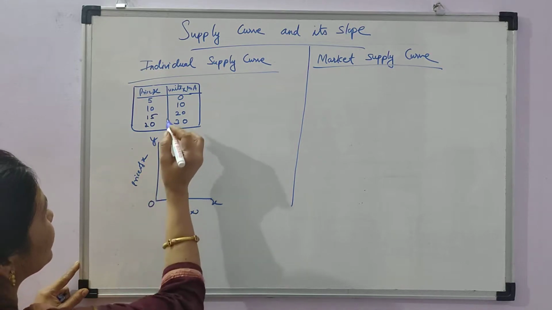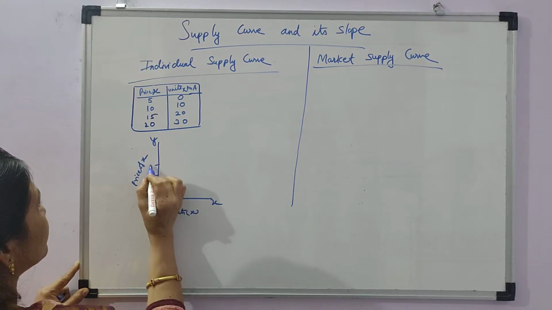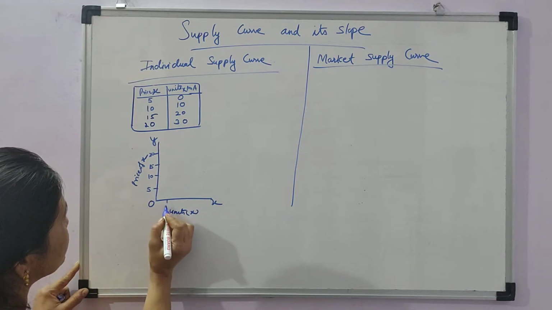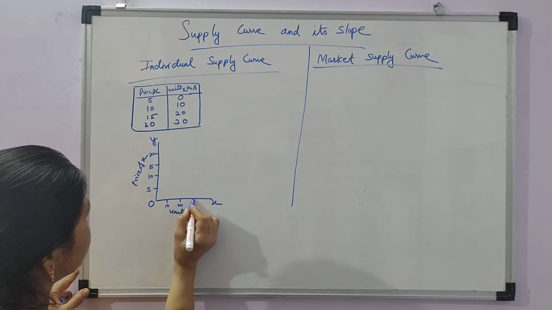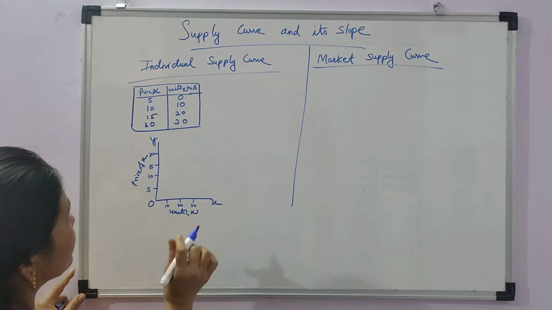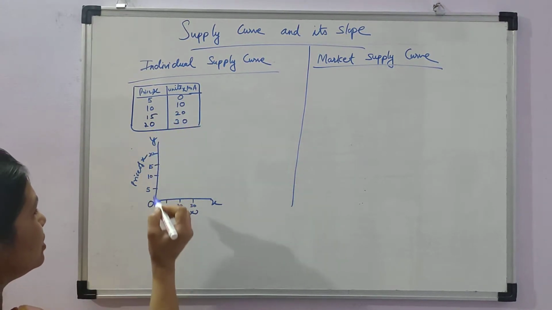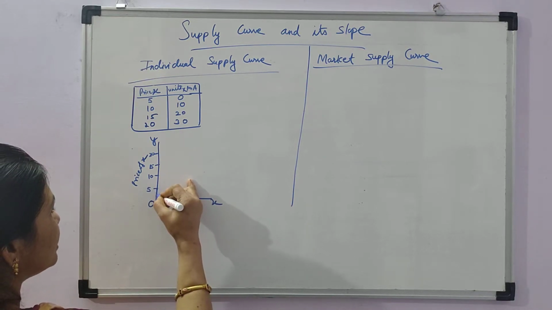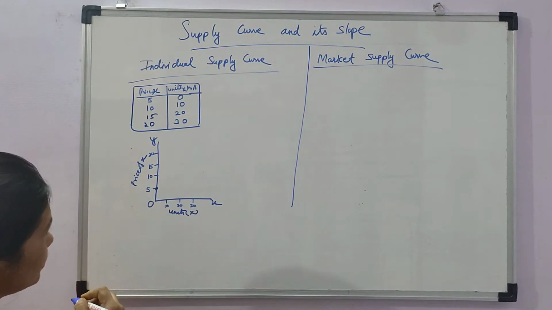So students, the prices are 5, 10, 15 and 20, and the supply is 0, then 10, 20, 30. Now see how you will make the graph. At rupees 5 your supply will be 0. So this is the price of rupees 5 and the supply is 0. So your supply curve starts from this particular point.